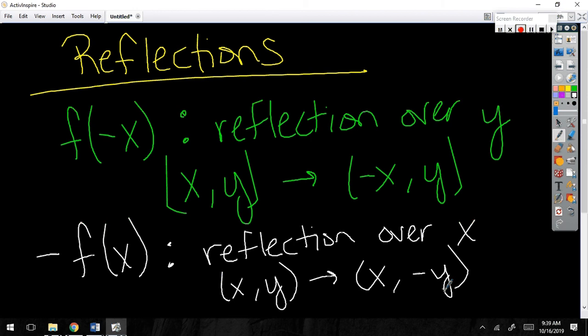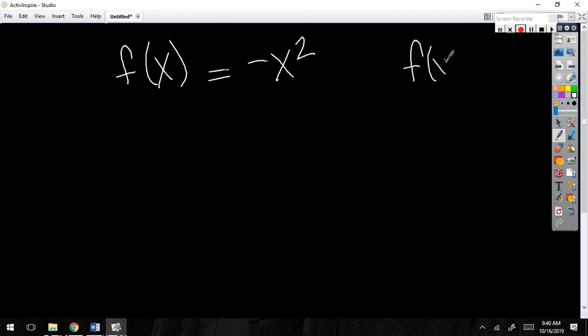All right, let's do an example. Let's go back to my quadratic. These are 2 different reflections.